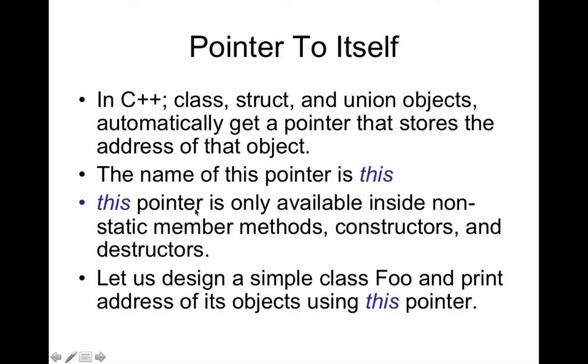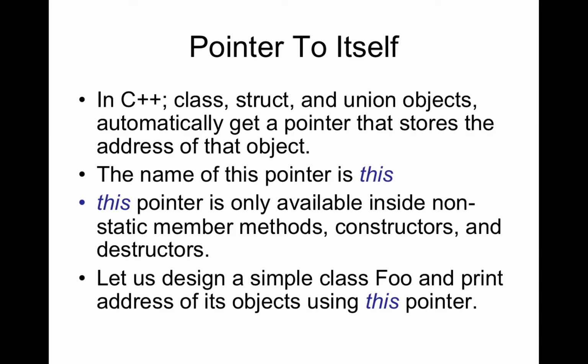This pointer is only available inside non-static methods, constructors and destructors. It is not available inside static methods, static functions, because static functions are created even before any class object is created by a constructor call.